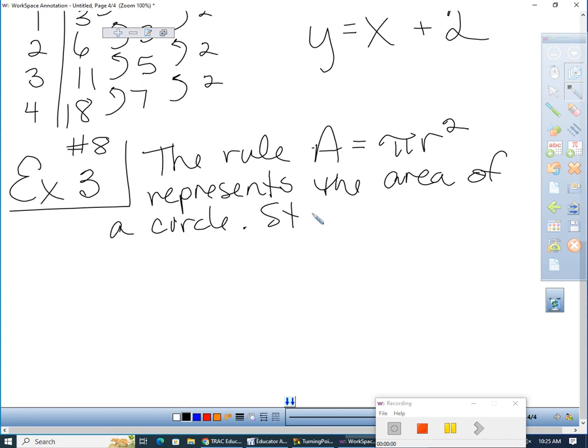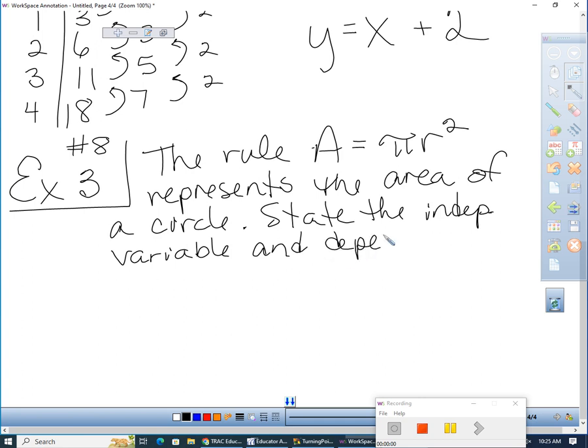States the independent variable and dependent variable, and explain your reasoning.